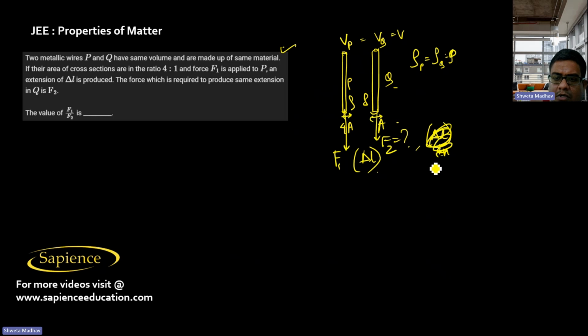So when F2 is applied, the same extension is formed, that is delta L. So now F1 by F2, that value we have to find out.